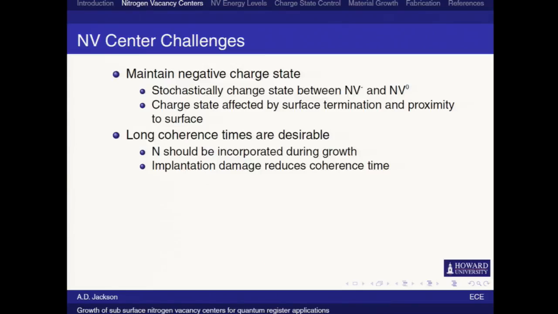We also want long coherence times for the spin states, so we want the minimal amount of crystal imperfections as possible. So really the nitrogen has to be incorporated during growth. You can implant the nitrogen, but the implant causes damage to the lattice, which decreases the coherence time.